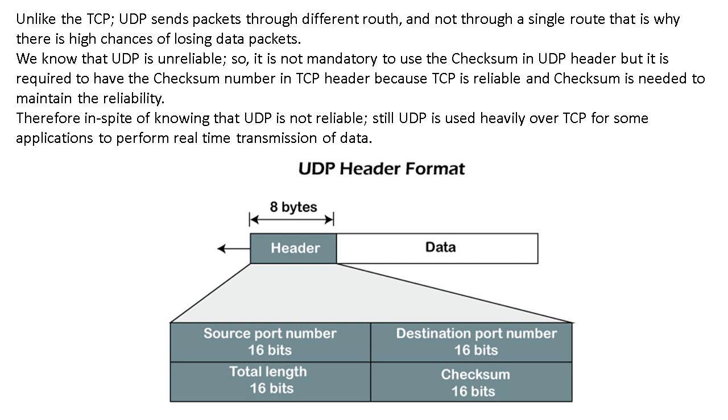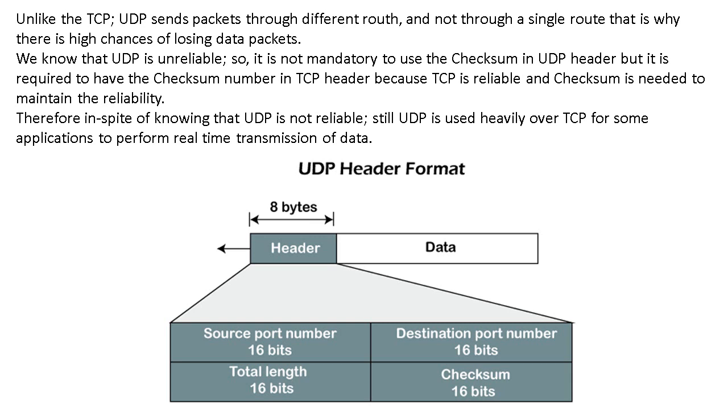We know that UDP is unreliable, so it is not mandatory to use the checksum in the UDP header, but it is required to have the checksum in the TCP header because TCP is reliable and the checksum is needed to maintain the reliability.